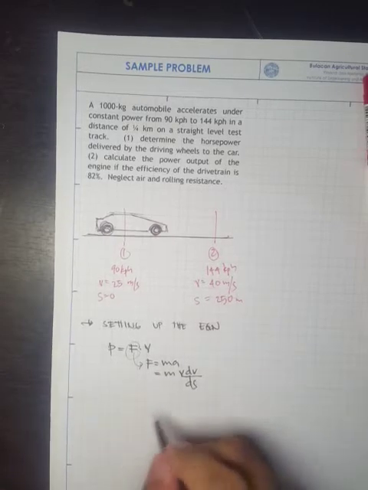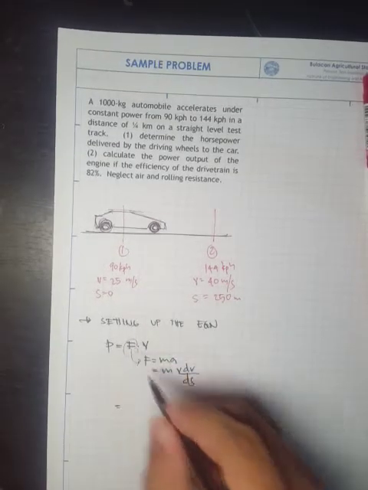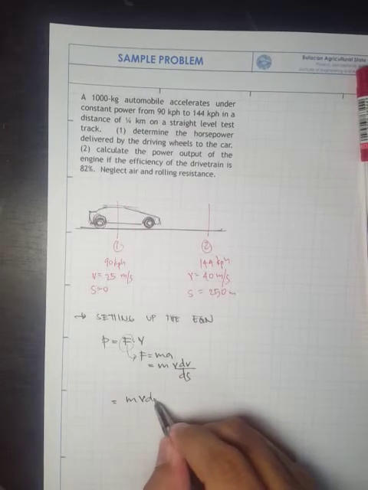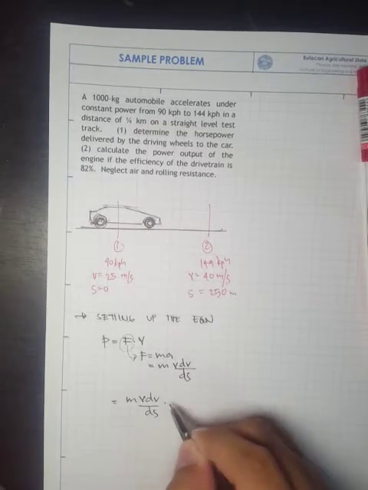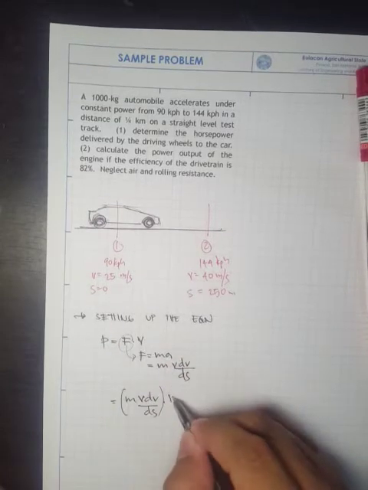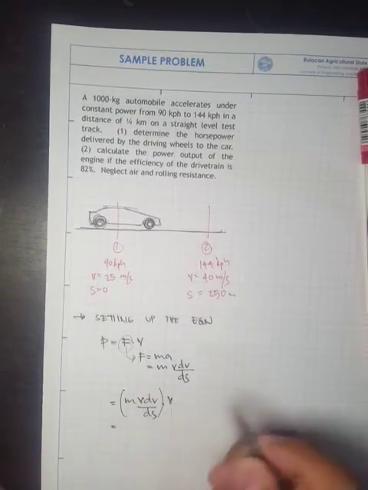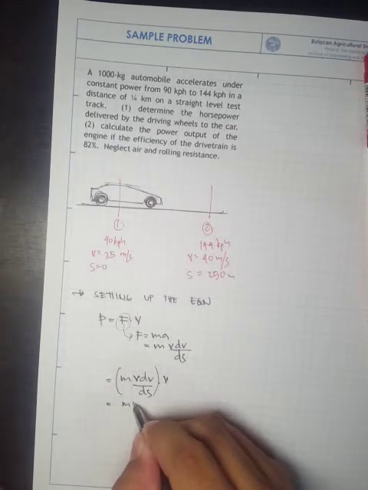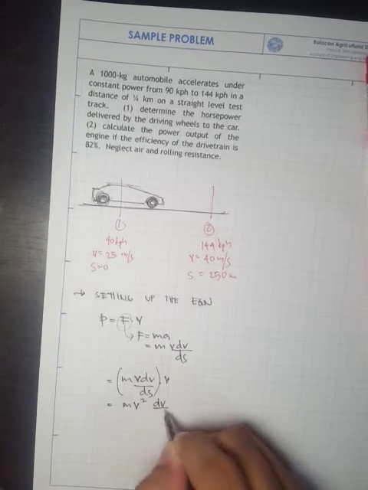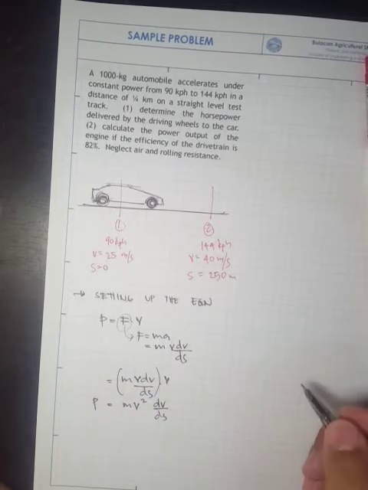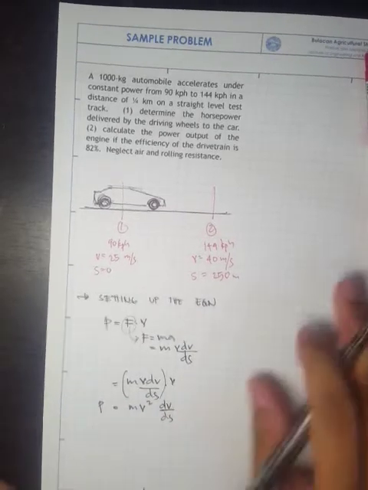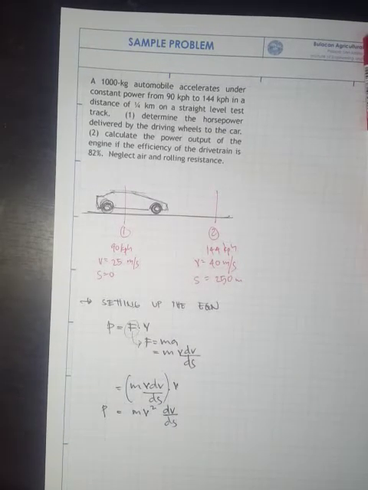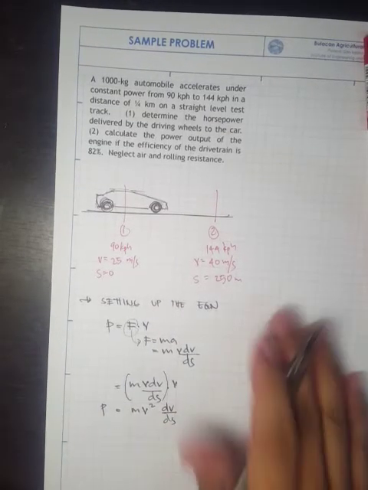So let's substitute this all in here: m v dv over ds times the velocity term. We have v times v, which is v squared. So P equals m v squared dv over ds. That's the equation, and we will evaluate this from point 1 to point 2.